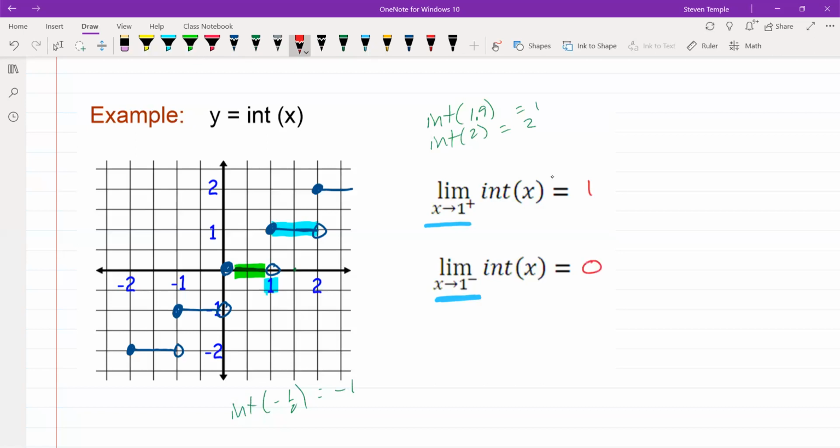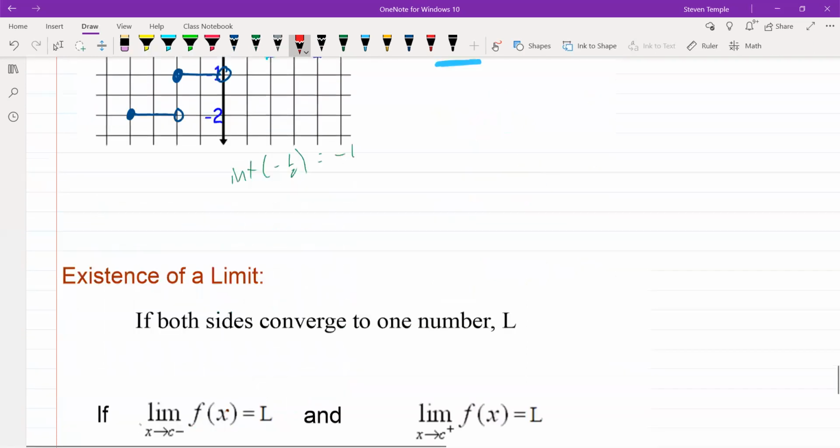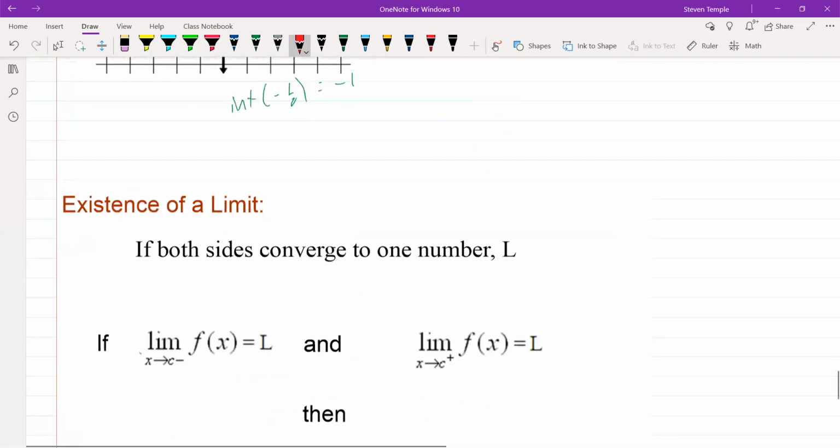So here we have the first time where our limits are not going to equal the same y value. The right side and the left side are different y values, and you can see that there's a jump happening at x equal to 1. This leads into the existence of a limit.